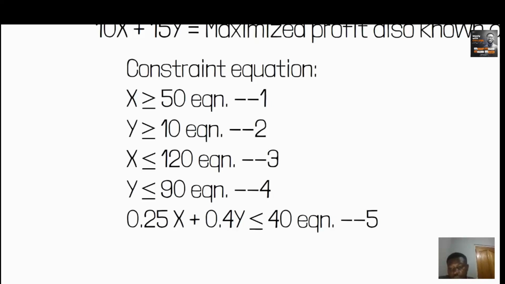Then 0.25x plus 0.4y is less than or equal to 40. That is our equation 5. You might be wondering, how were we able to derive our constraints?